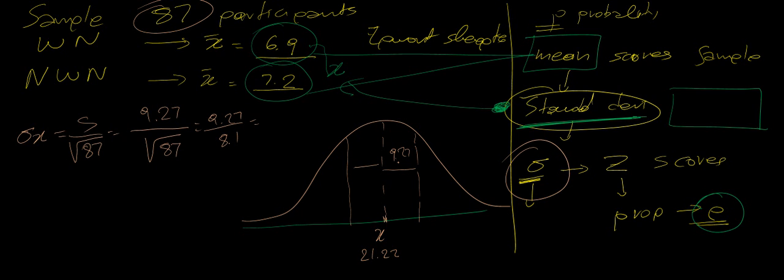So if I divide 9.27 by 8.1 it is approximately 1.25.